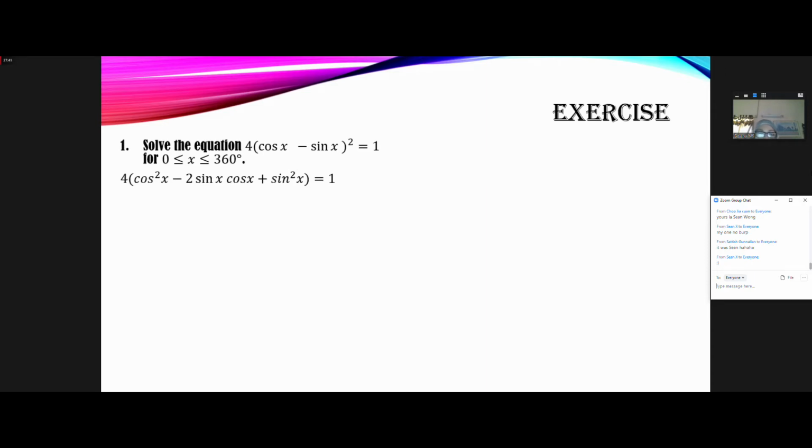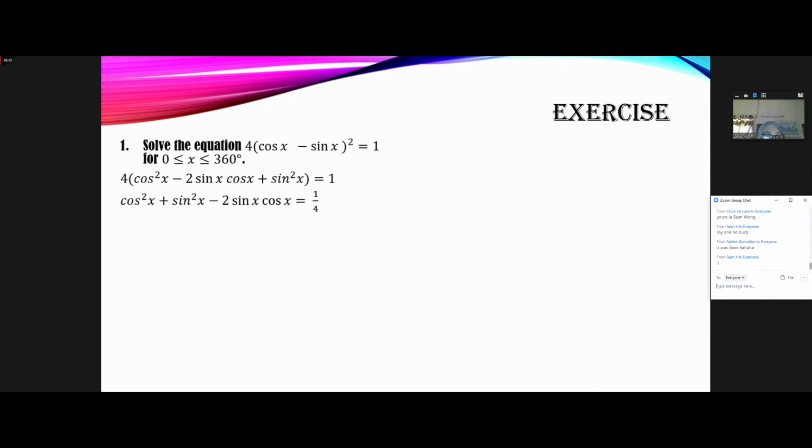Yeah. The cos x minus sin x, the one in bracket squared, you open up like the normal expansion, it becomes cos squared x minus 2 sin x cos x plus sin squared x, alright? So that one I think most of you can get correct. And at this point, you really have to think of the identities. So you have to rearrange it. I bring the 4 first to that side, so the 4 to that side become 1 over 4.